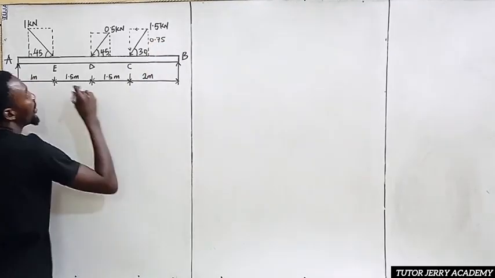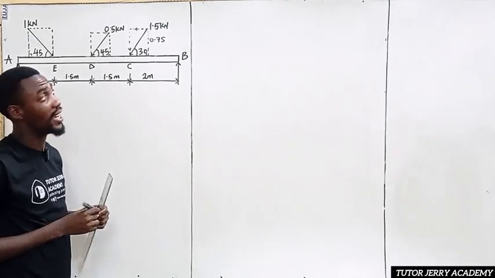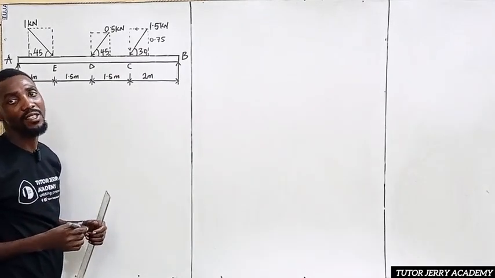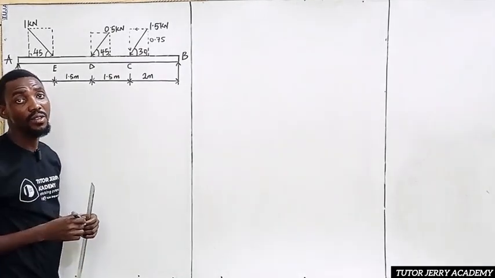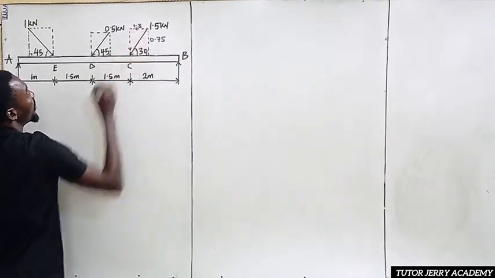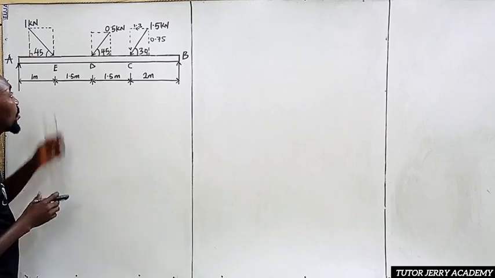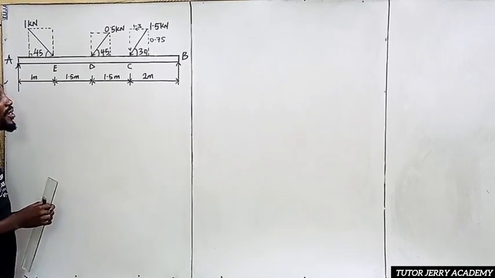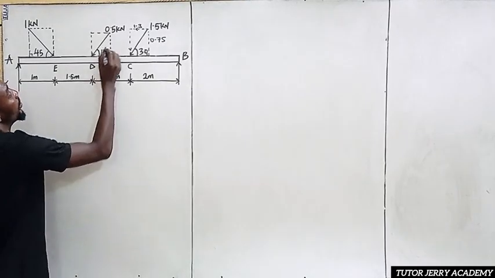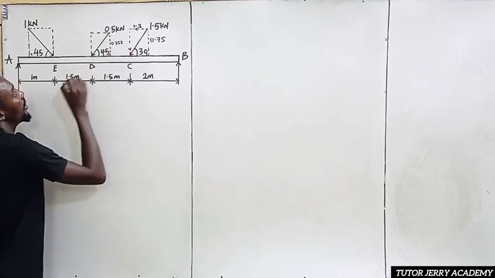So we have 0.75 here. And then for our s direction, we are going to be using cos, so it's going to be 1.5 cos 30, which is going to give us 1.3. Similarly, our y direction here is going to be 0.5 sine 45, which gives us 0.353.